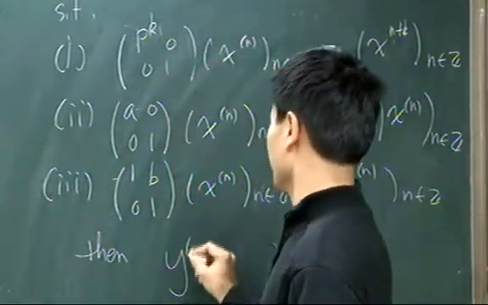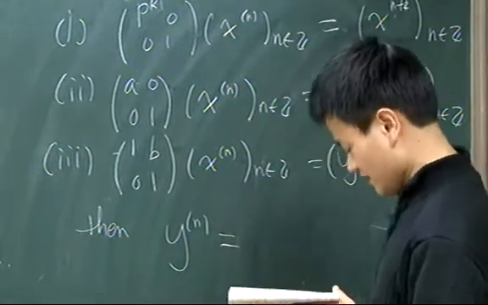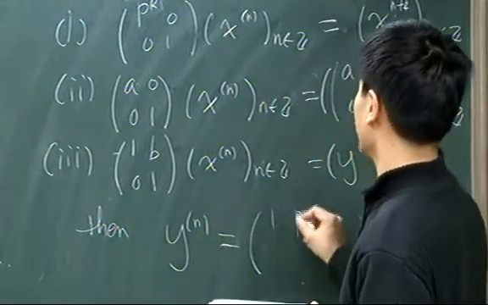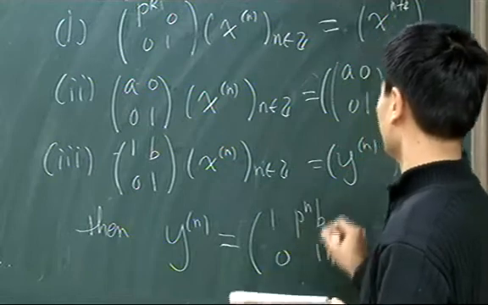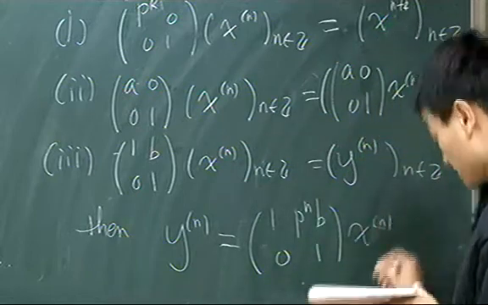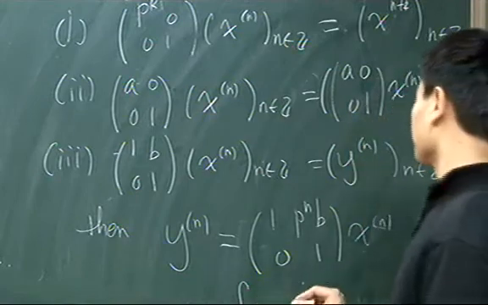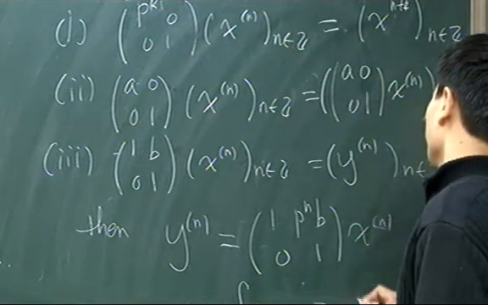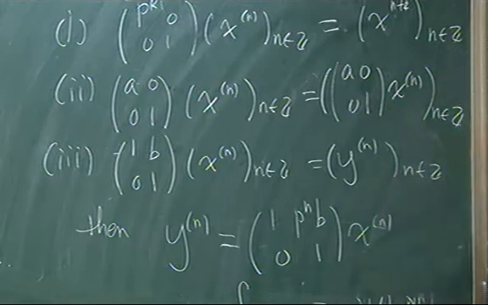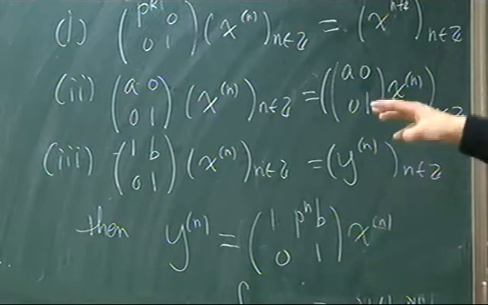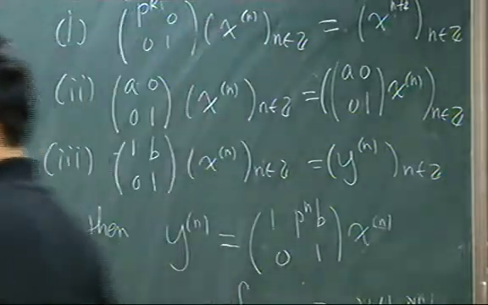So this y n is just (1 p; b 0 1) x n, for n bigger than some bound. So you again have this action.